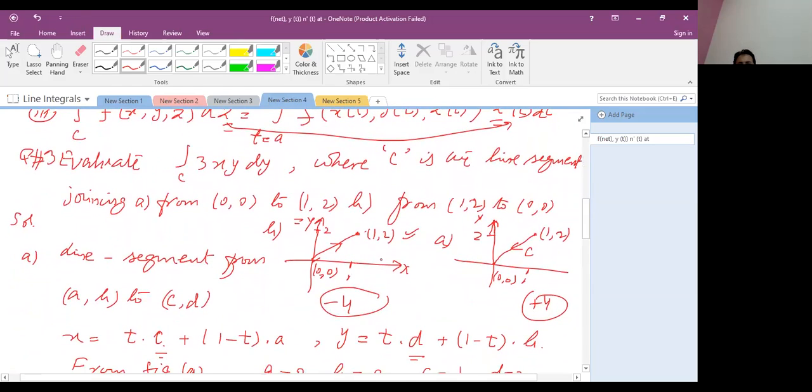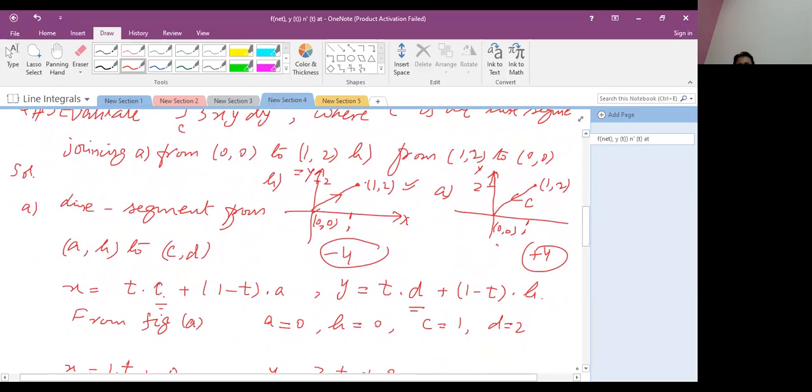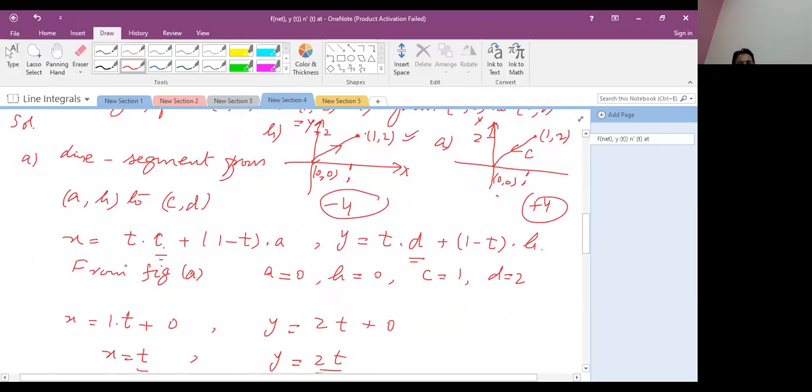We will start with part A from figure A. Here AB is the initial point and CD is the final point. For the line segment from AB to CD, we apply this formula and find the value of x in terms of t. From figure A, A is 0, B is 0, C is 1 and D is 2.